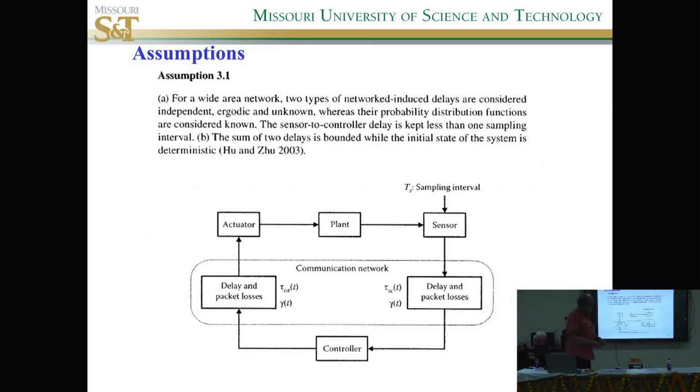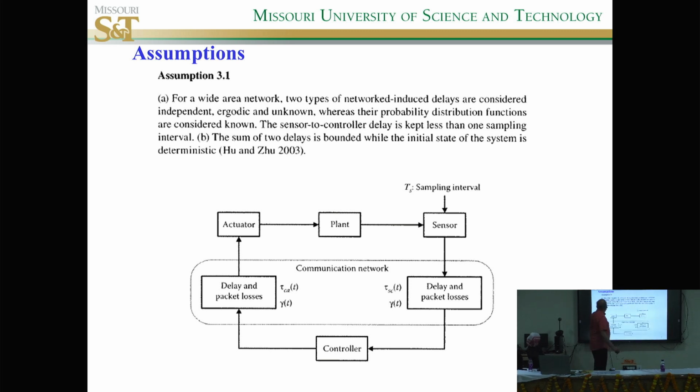Now let's go to the network control systems. There are two types of delays. One is the delay between the sensor and the controller, and the other is the delay from the controller to the actuator. There are two sets of delays. The sensor to controller delay is kept less than one sampling interval.